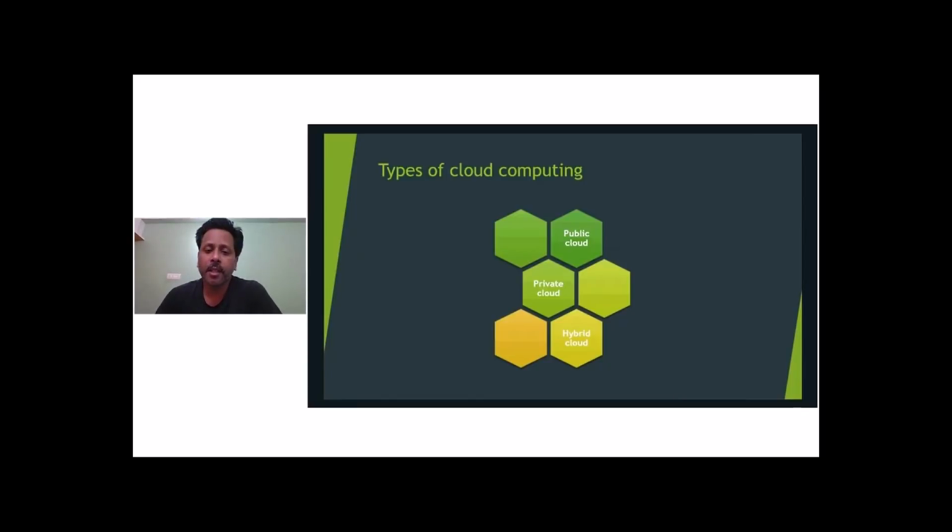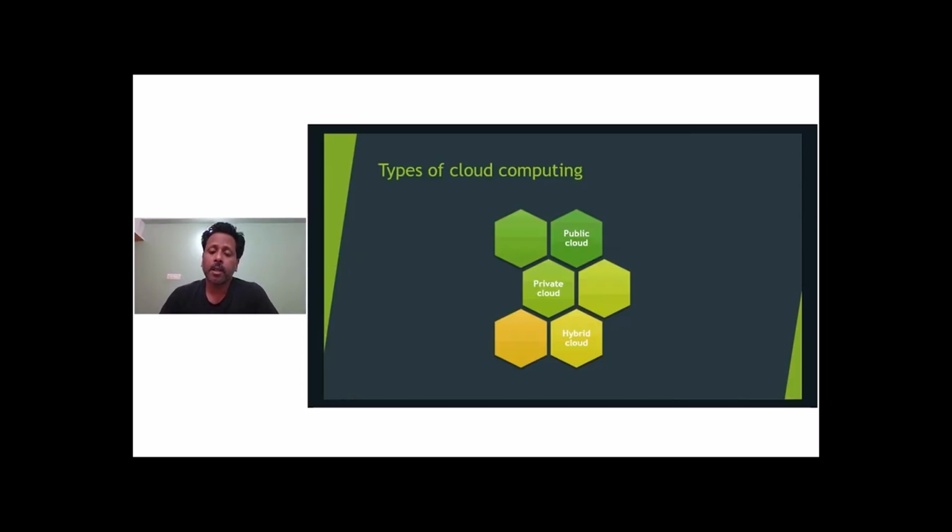Now, what are the different kinds of cloud computing? Cloud computing mainly consists of public cloud, private cloud, and hybrid cloud. Public cloud is nothing but all the infrastructure or the services are managed by third-party vendors, something like Microsoft Azure or Amazon Web Services.